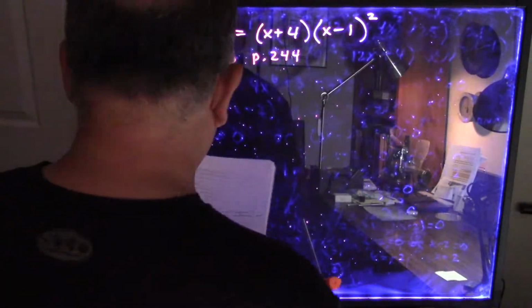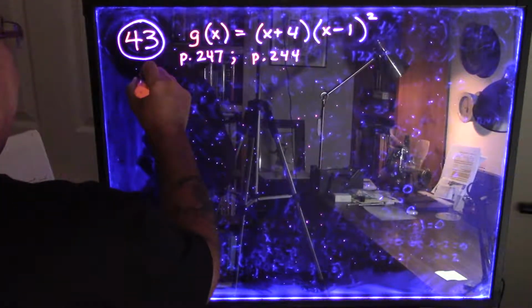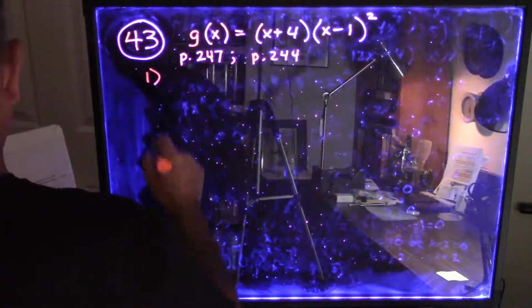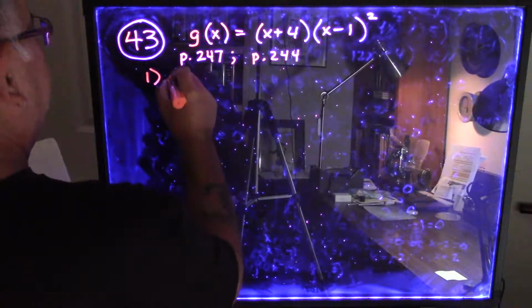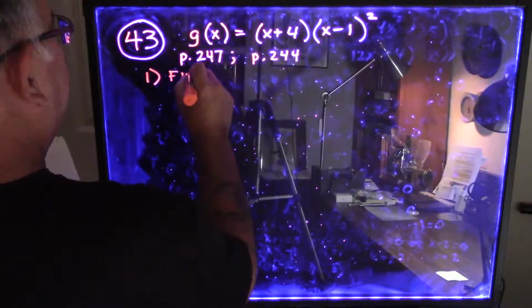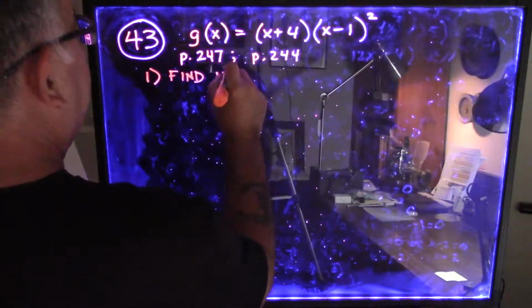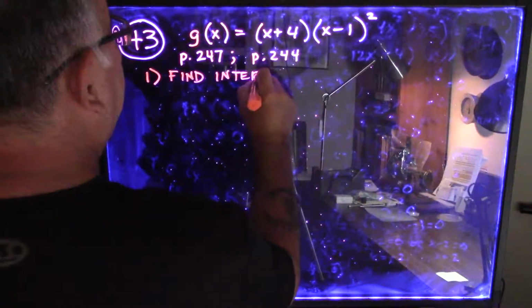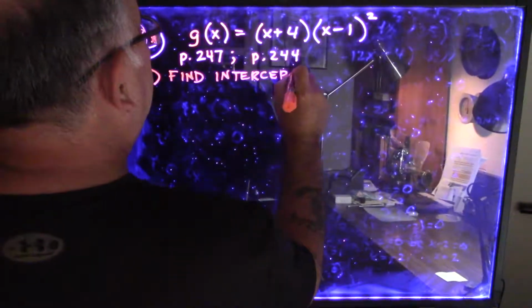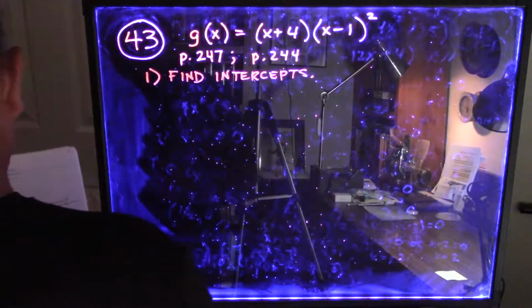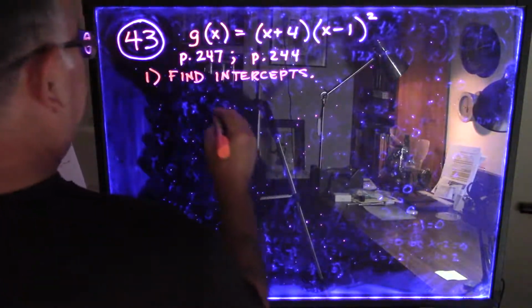So if you look on that page, you'll see the first step is to find the intercepts. All right. So let's look at the x-intercept.